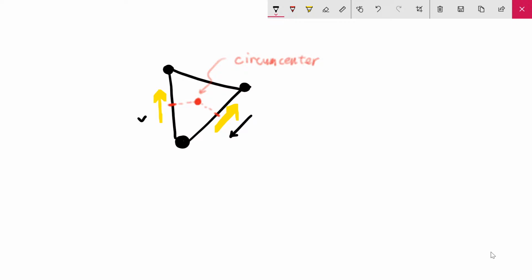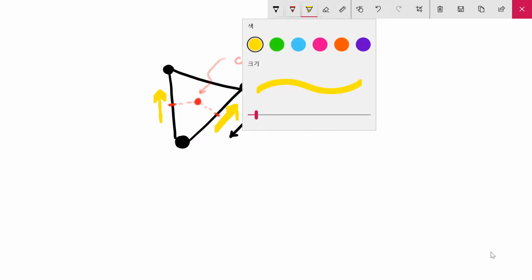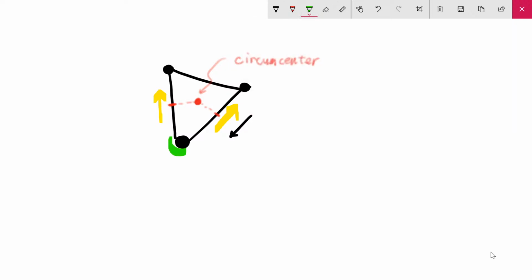When we consider this node as a center node, maybe this yellow color seems okay. But if we consider this other vertex as a center node, then maybe this yellow colored direction is not that appropriate. The point is, there is no preferred way between two vertices.